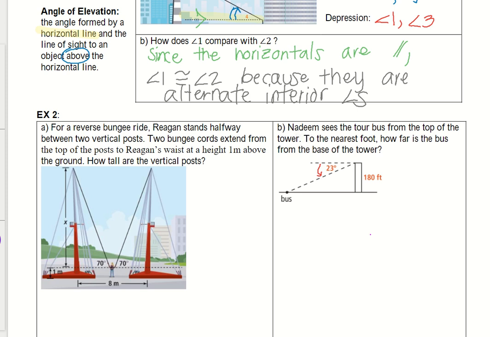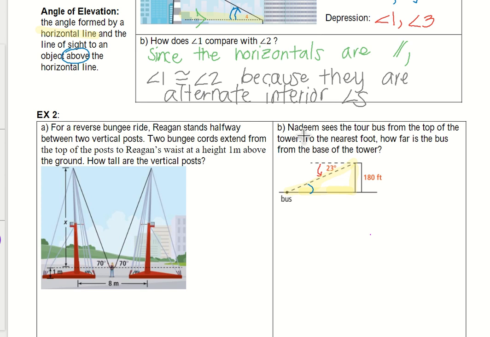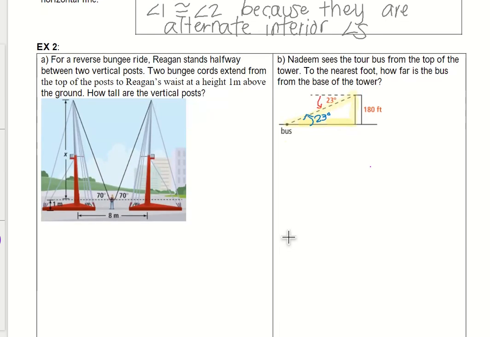So I'm going to need to find the corresponding angle of elevation, the 23-degree angle there, and use that. It's giving me a piece that's related to my diagram, but not exactly in my diagram.